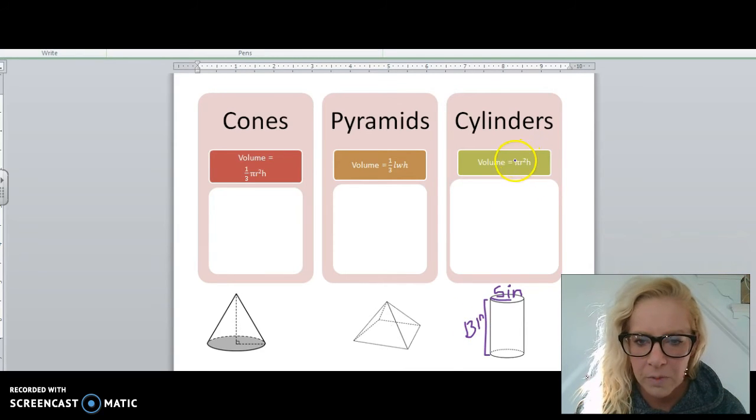So volume again equals pi r squared, which is the area of a circle, times the height. So let's do pi times 5 squared times 13, which is our height.